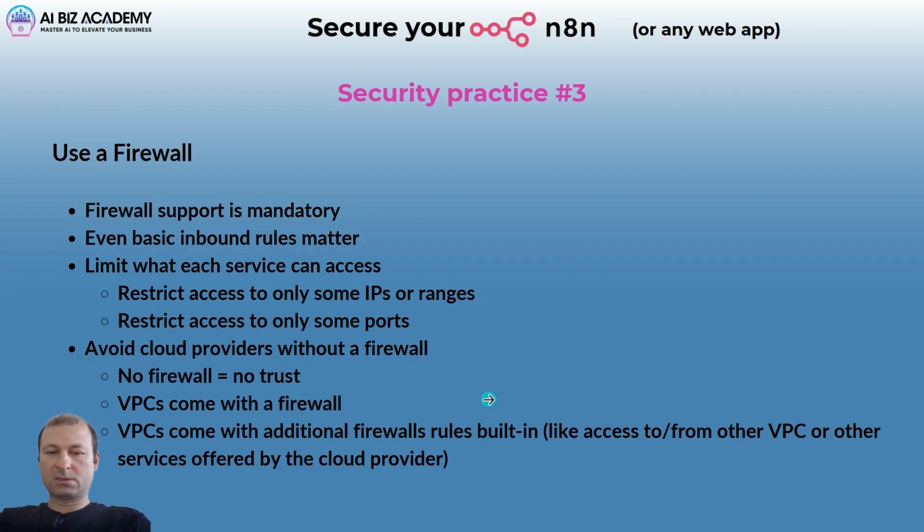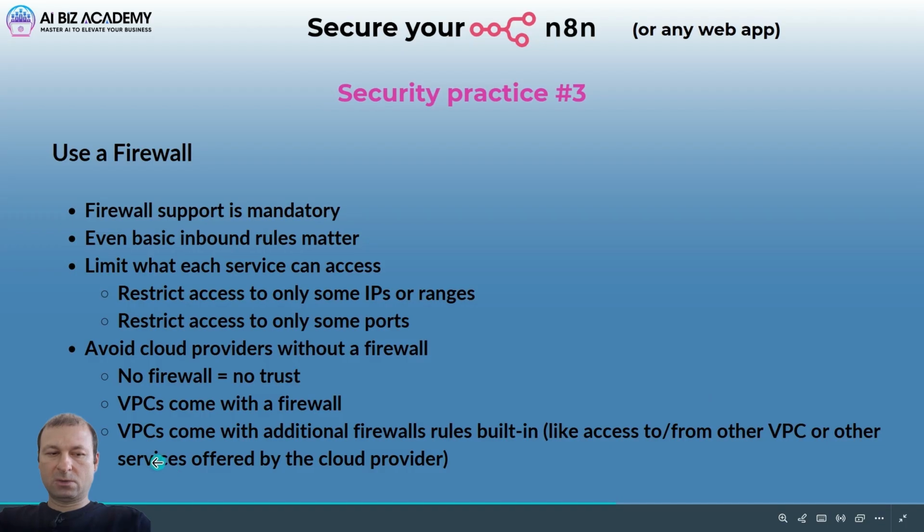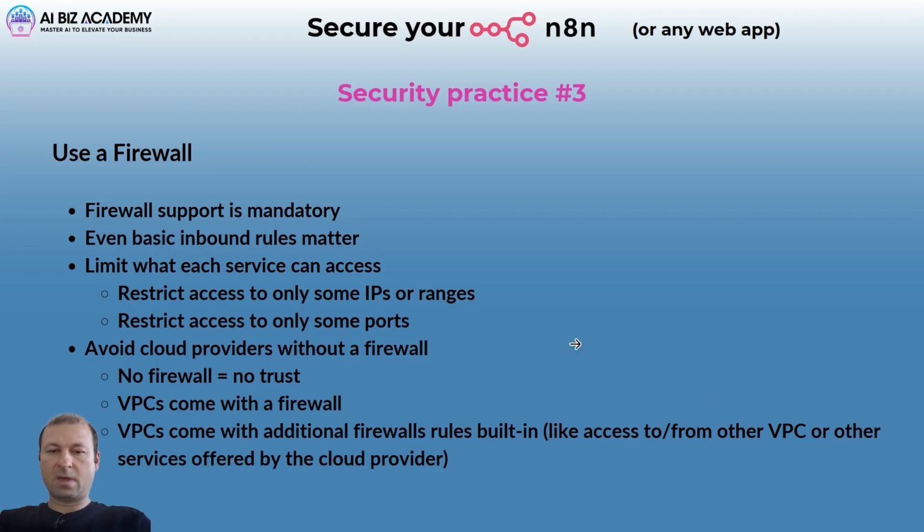And all these rules make it easier for you to allow or block traffic coming from other VPCs that you define, and also to or from services offered by the cloud provider. So if you have a database already hosted by the same cloud provider, then you can easily configure it in the firewall of the VPC.